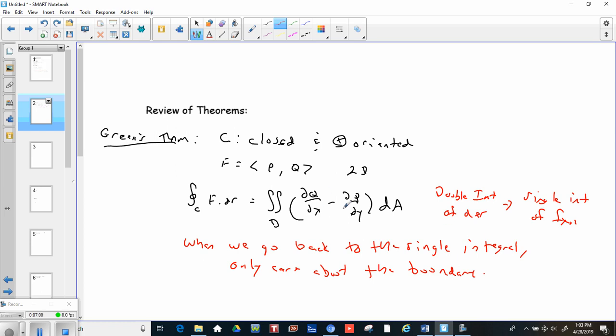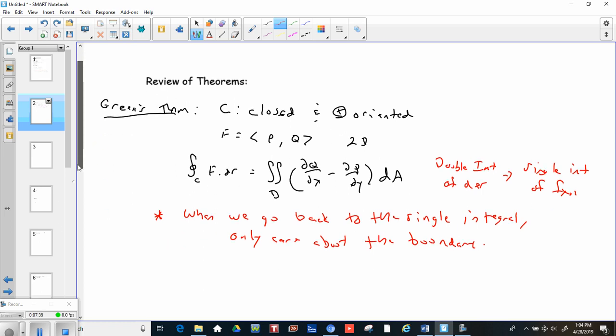So we took the double integral here over D, so that's all the inside of the enclosure. And when we go back, we can do this as a single integral of the line integral, which is only the boundary of this thing. So we're going from a double integral to a single integral, the inside to just the boundary. Okay, again, that's a concept that's going to hold true for all of these things. So that was Green's theorem.